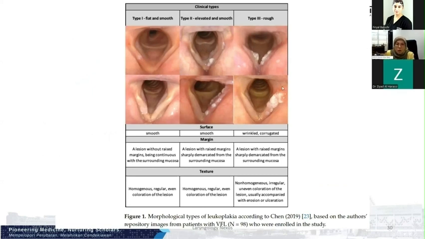So there is a type 1, in which the leukoplakia is singular, flat and smooth. The other one is elevated and irregular, and this one is wrinkled and corrugated. The number 3 is very high risk and very urgent for you to do biopsy, which is likely to be malignant. And the second one, it could be either one, but the risk is definitely higher than type 1.